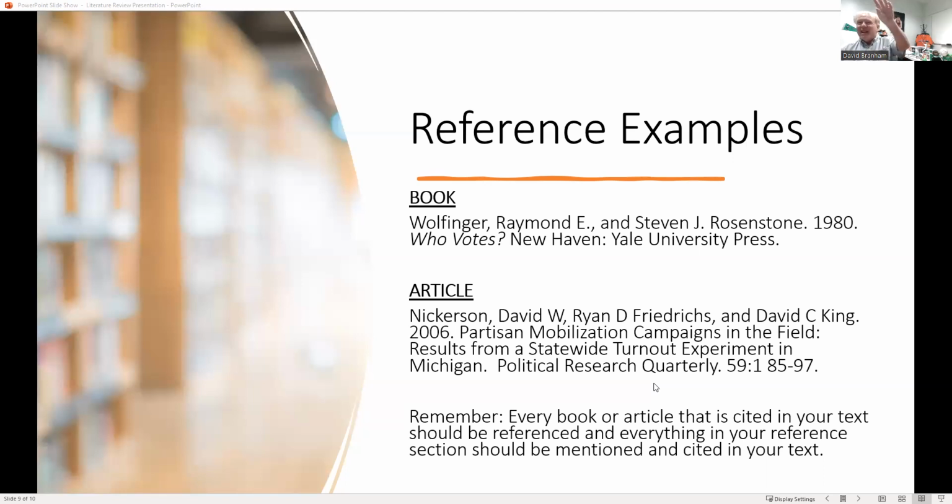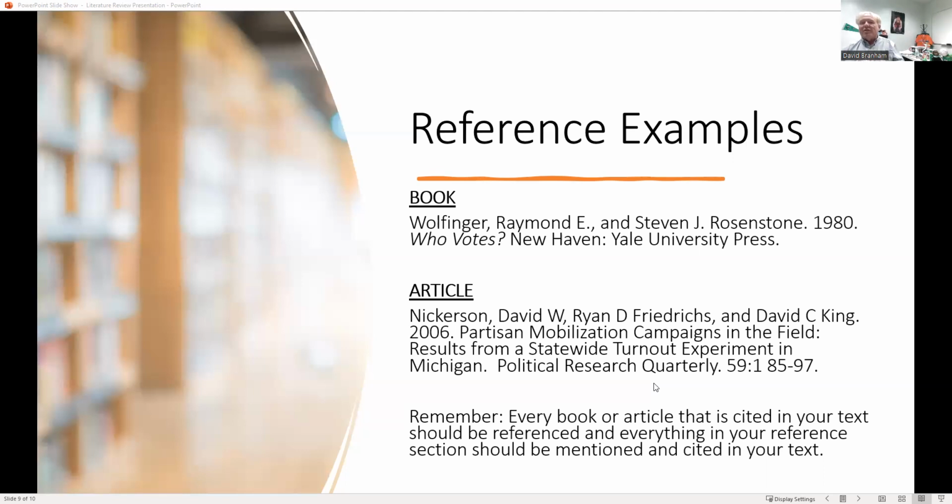Sometimes they put their first name as an initial, and then put their middle name because they like it. It's whatever they have on that publication is the way you do it. But only the first author of the publication is last name first. The rest of them are first name first across.